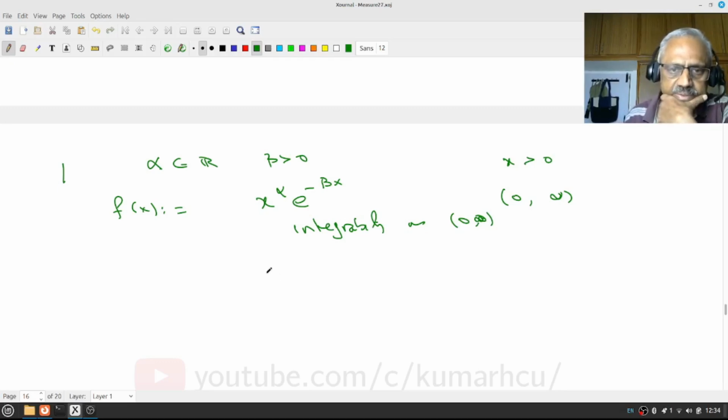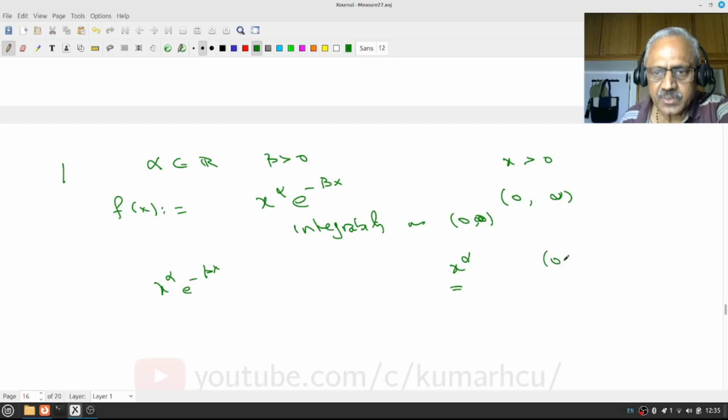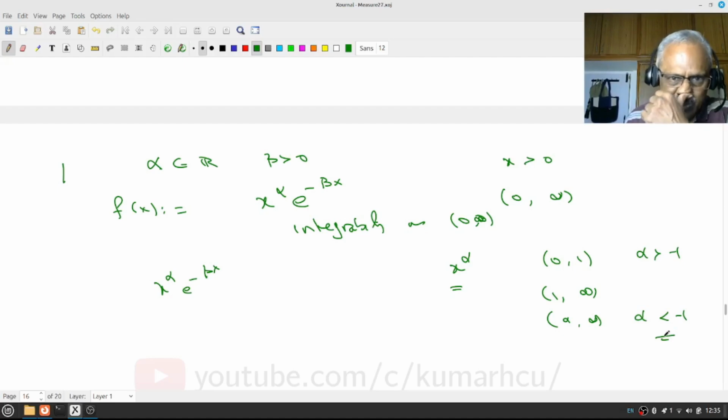Now notice that for x to the power alpha e to the power minus beta x, if I look at x to the power alpha, we know its integrability on 0 to 1 and integrability on 1 to infinity differ. Here I want alpha to be greater than minus 1. There I want alpha to be less than minus 1.